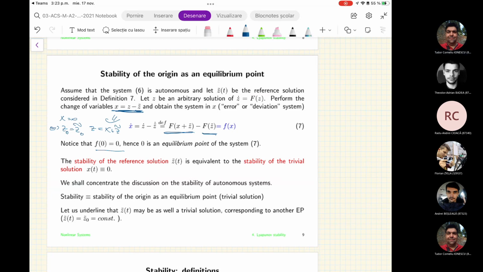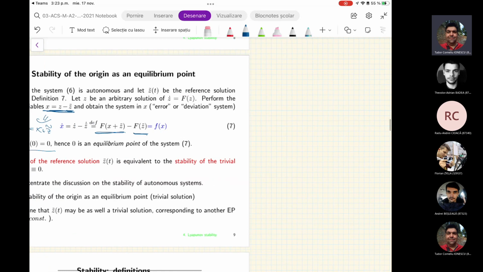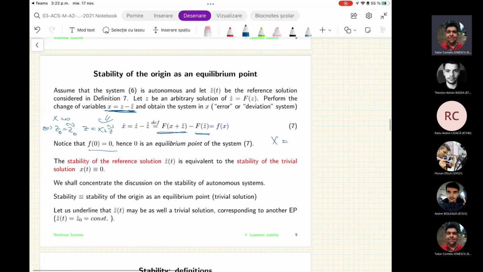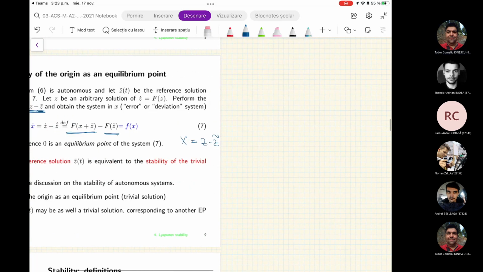So for x equal to 0, if x is z minus z tilde, then z is x plus z tilde.